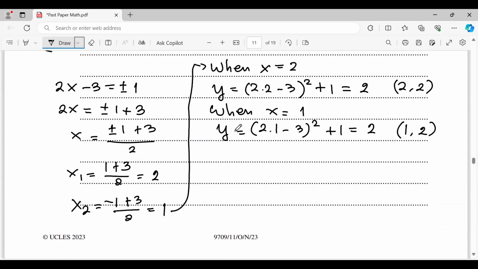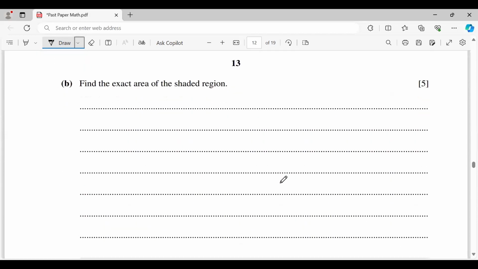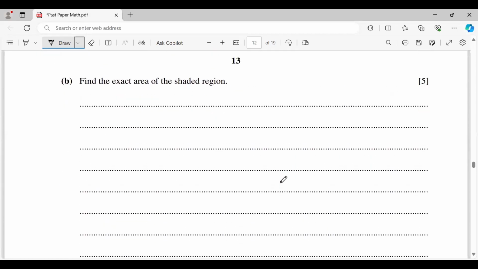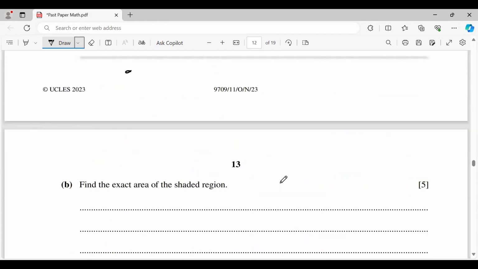So the coordinate points are A, 1, 2, and B, 2, 2. Now find the exact area of the shaded region.